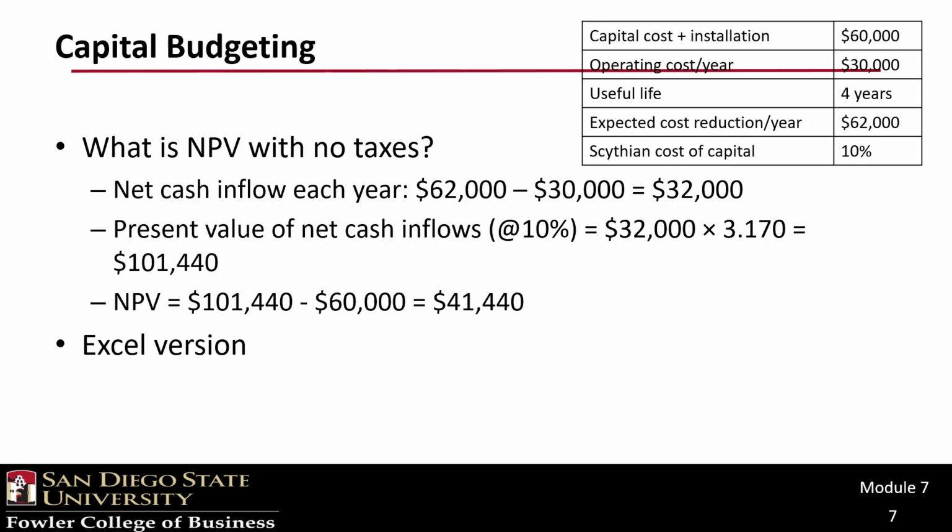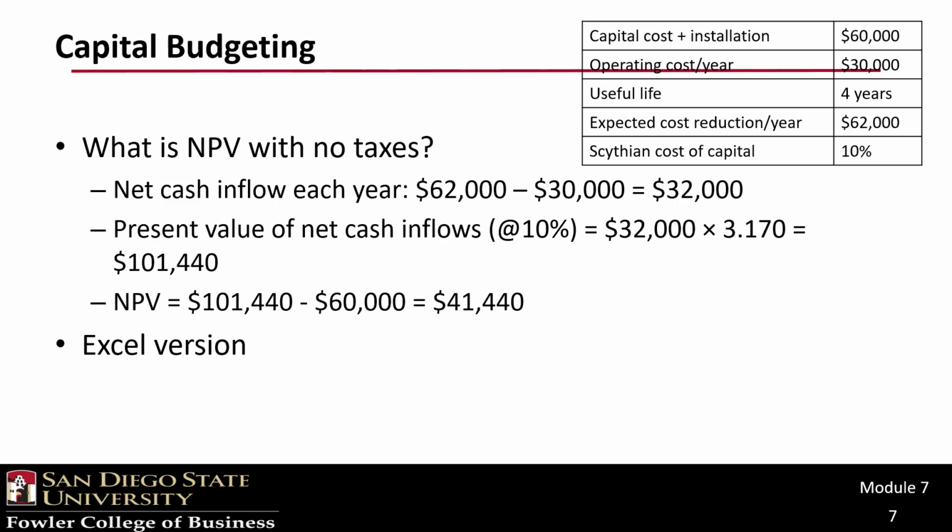If I discount that back at 10%, if I go and use something known as the annuity table, which an annuity is simply a series of periodic payments that are equal. And when we get to the Excel version, I will show you how those calculations differ. But you can go to your present value of annuity table for 4 years at 10%, and you would find that the factor is 3.170.